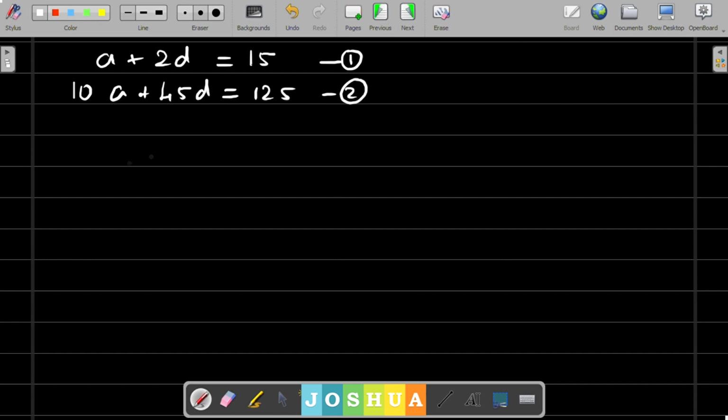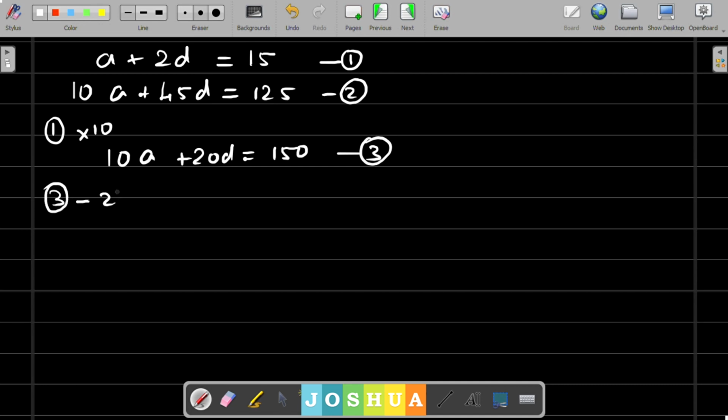So what I'm going to do is take equation 1 and multiply by 10 on both sides. So it will become 10a plus 20d is equal to 150. I call this equation number 3. Now I'm going to subtract equation 2 from 3. So equation 3 is 10a plus 20d equal to 150.